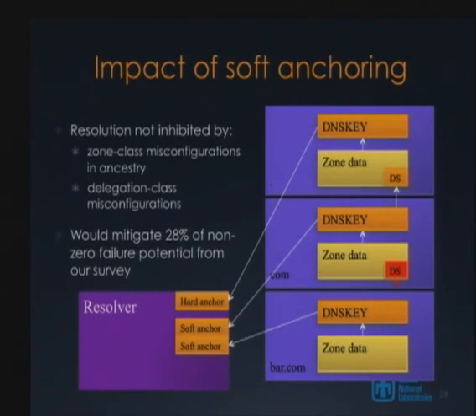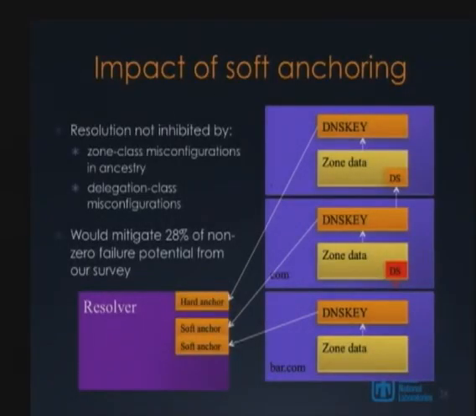initially. And so what this does is mitigate zone class misconfigurations by your parent, like a top-level domain, for example. You can now mitigate those as long as they were working at some point before the chain broke.